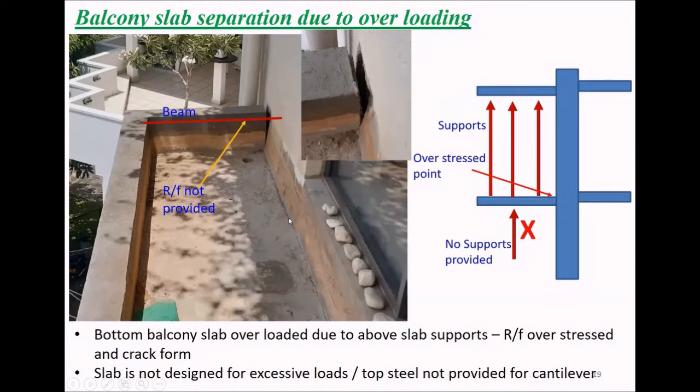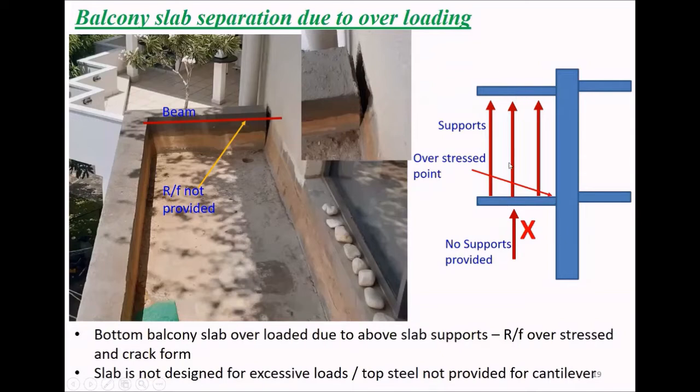This kind of thing happens when we are doing the construction. You see this sketch I have given here. When casting the upper floor balcony, they use supports, jack supports. They support on the lower level balcony, and underneath we don't have any support. What will happen?